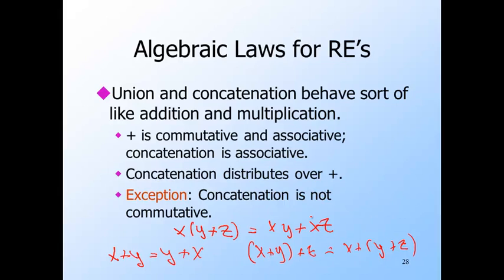The big difference between regular expressions and arithmetic is that concatenation is not commutative, although multiplication obviously is. That is, the regular expressions AB and BA don't denote the same languages. That is, the first, AB, just denotes the language that contains the string AB, while the second, BA, denotes the language that contains only the string BA.